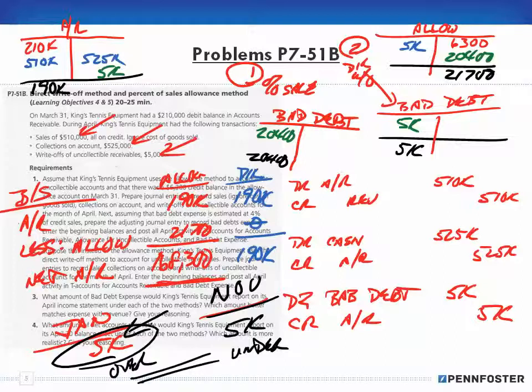Even though you still have that 5,000 on it, you're accounting for the possibility of one of those accounts being bad. That's why it's an estimate. So it brings your net accounts receivable much more in line. Think about it historically: you don't know which one, but it's a certain percentage.